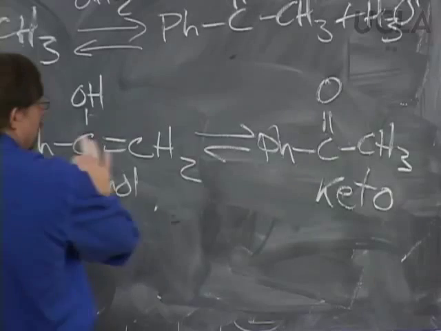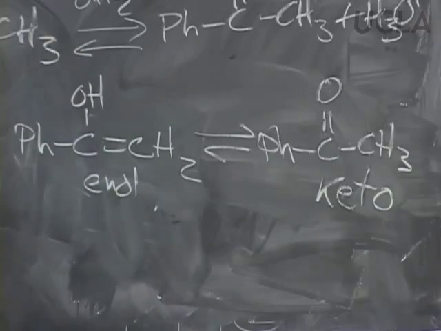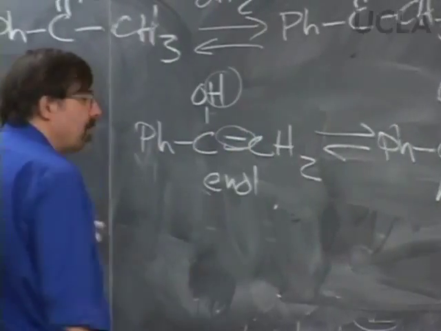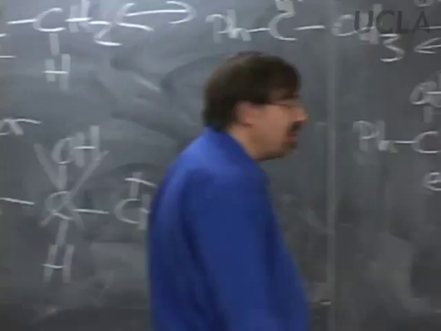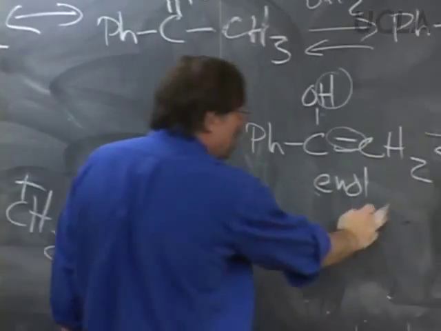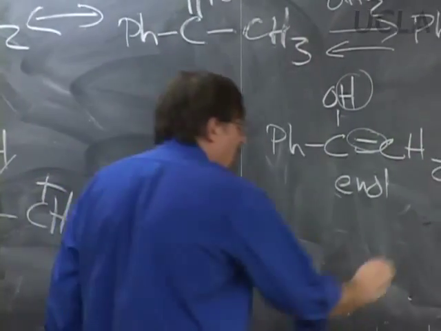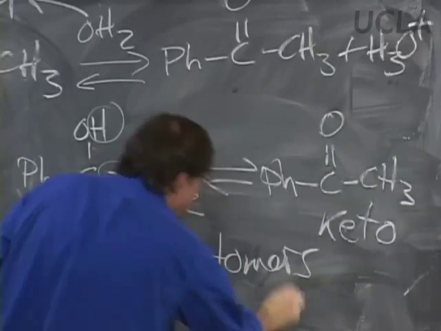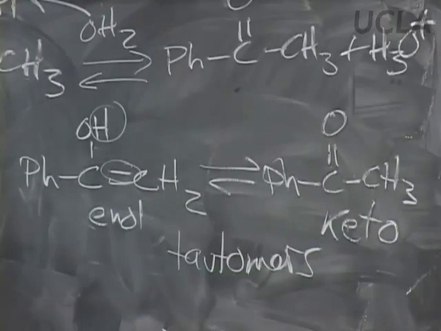These kinds of isomers have the same formula, but they differ by the position of an oxygen and a pi bond. You will see these kinds of isomers occasionally, especially among carbonyl chemistry, but we're introducing them here. These kinds of isomers are called tautomers. And they differ conceptually by the position of a hydrogen and a pi bond.